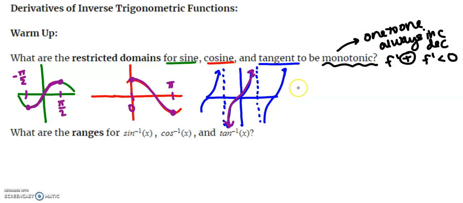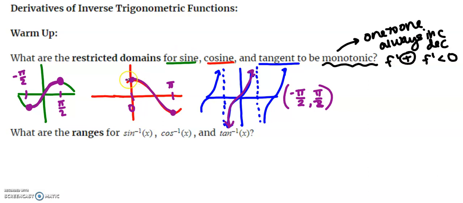So from negative pi over 2 to pi over 2, except this time I'm not including them, right? Like here I'm actually putting brackets on that interval. Here I would just be looking from negative pi over 2 to pi over 2 on the open interval, okay? So restricted domains for sine, cosine, and tangent, making them monotonic, okay?